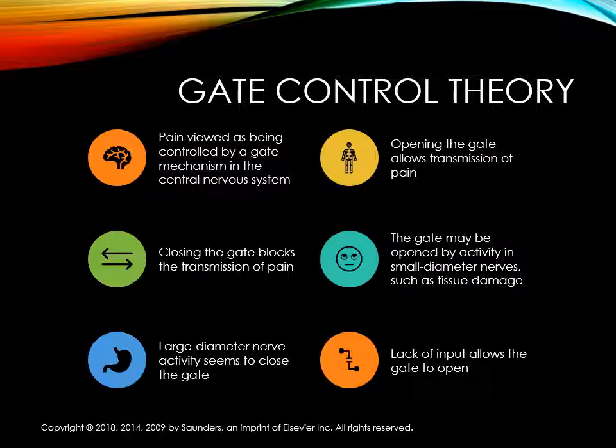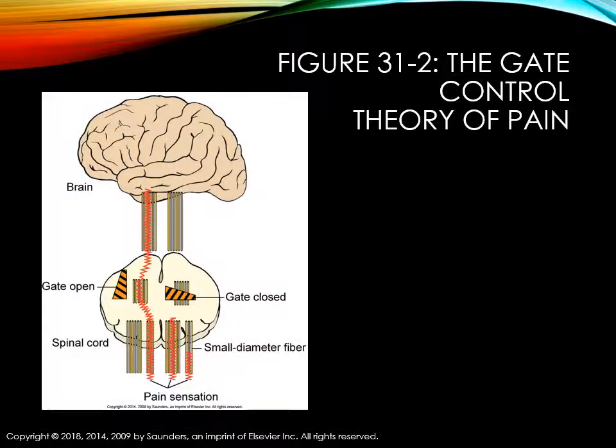Activity in the large diameter nerve fibers, such as that provided by massage or vibration, seems to close the gate. Again, Figure 31-2 can be found in your textbook on page 595.